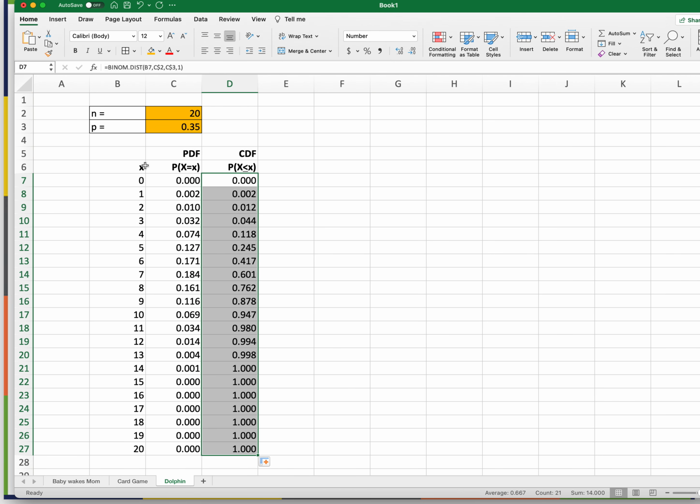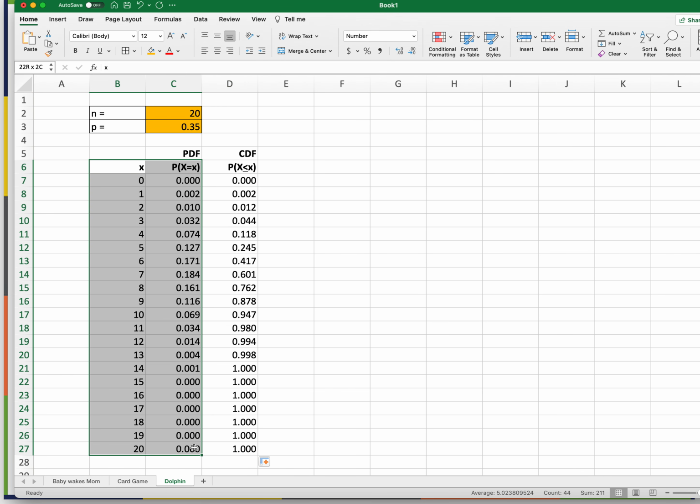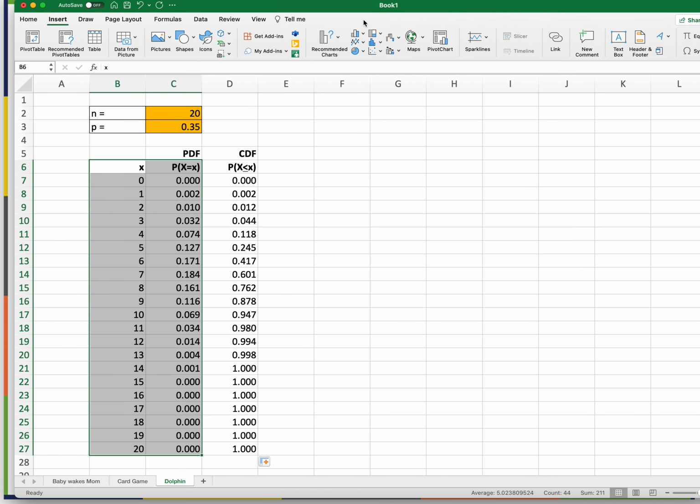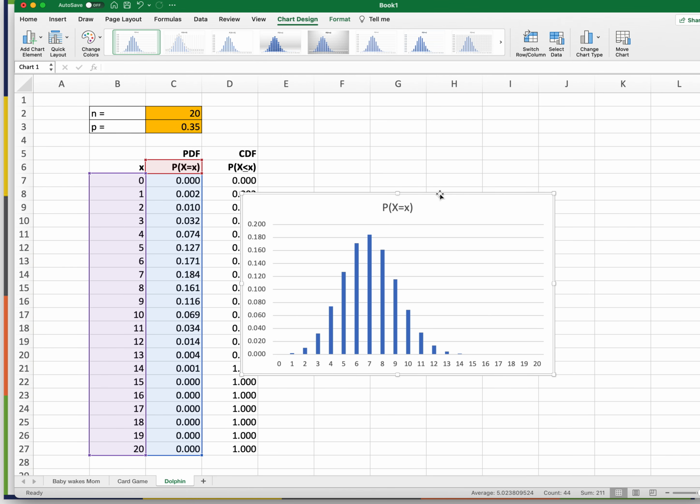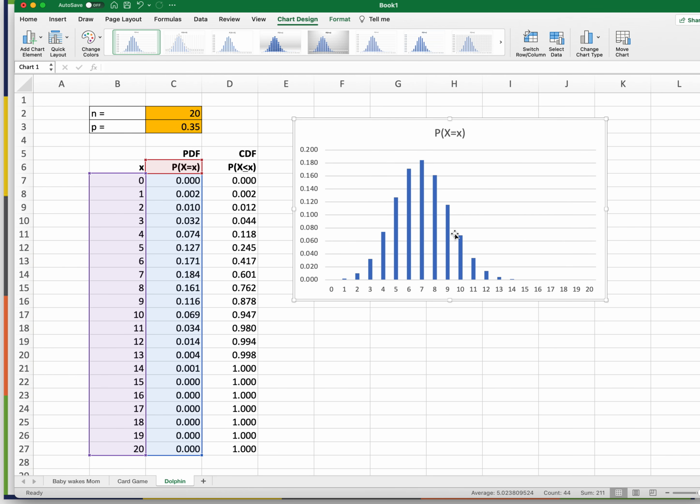Now if I want to graph this, insert, recommended chart. I want a chart that looks like this. Now it's a different shape.